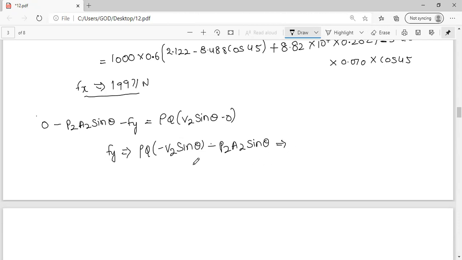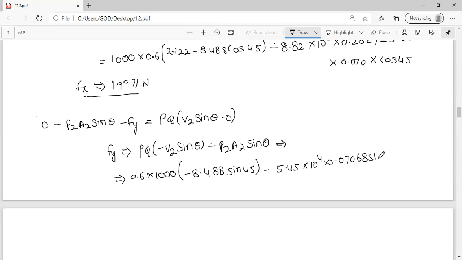If you substitute all values, density is 1000, into minus 8.488 sine 45, minus pressure 2, 5.45 into 10 to the power of 4 into area 0.07068 into sine 45.